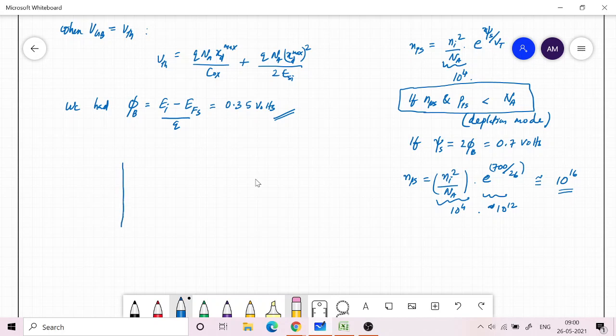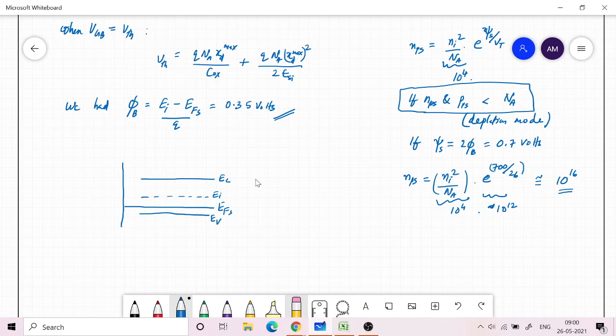For example, I am not fully drawing everything, but just enough to show you what is happening. So this is my EV, and then I have EI, and then I have EC.